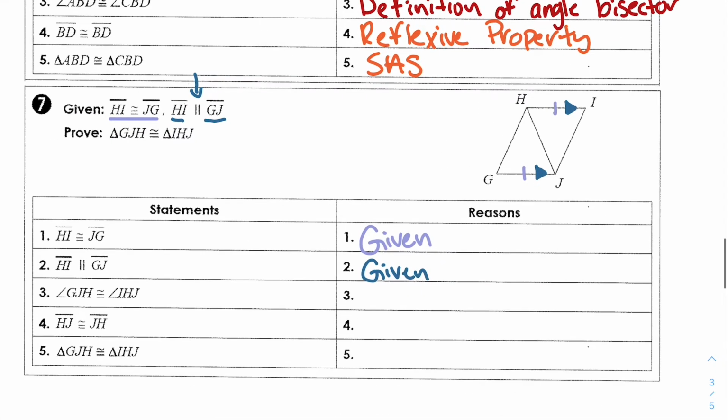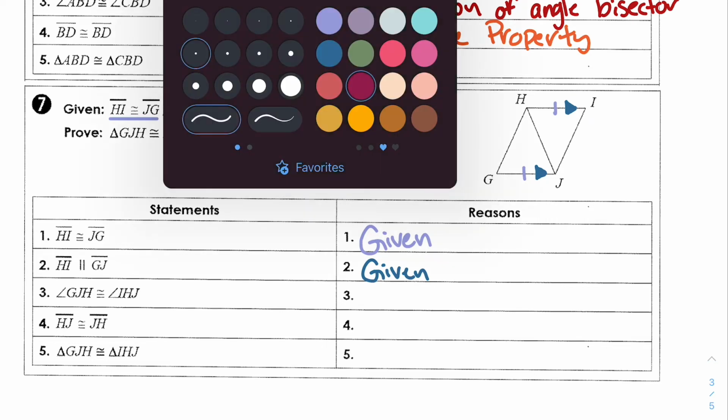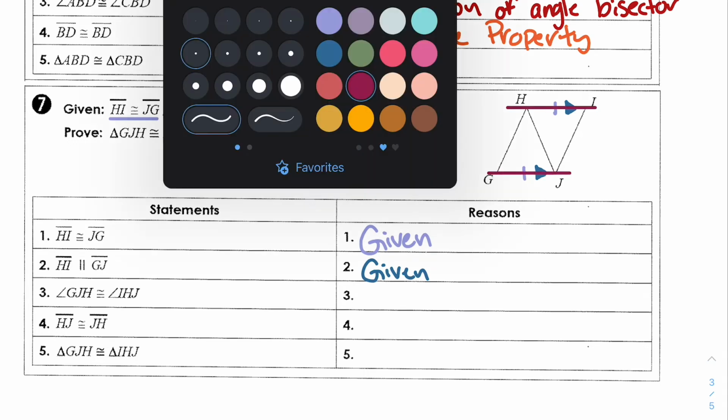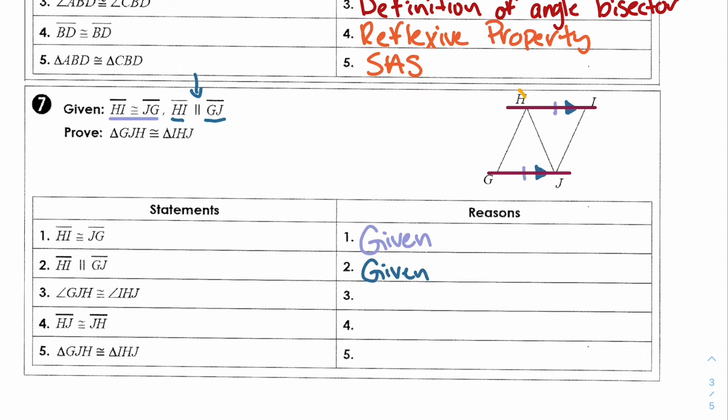So, when we have parallel lines, we get to use something really helpful that we learned in, was it Unit 3? Which is called angle relationships. So therefore, HI is parallel to GJ, which means that this line right here, HJ, is what?